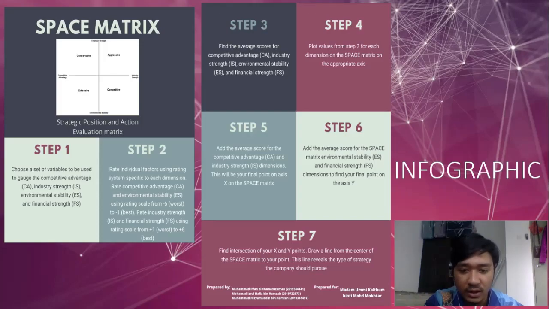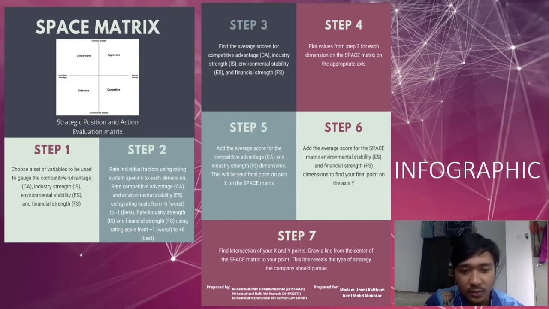For environmental stability, we can use technological change, rate of inflation, demand variability, price range of competing products, barriers to entry, competitive pressure, price elasticity of demand, ease of exit from market, and risk involved in business.